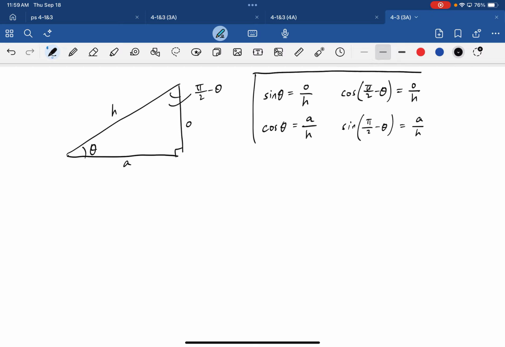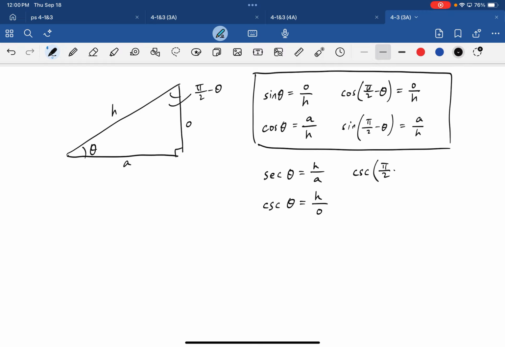So these are the relationships between our cofunctions, the complementary angles. Next question: what is secant theta? H over A, very good, because secant is 1 over cosine. And what is cosecant of theta? H over O, because cosecant is 1 over sine. How about cosecant of pi over 2 minus theta?